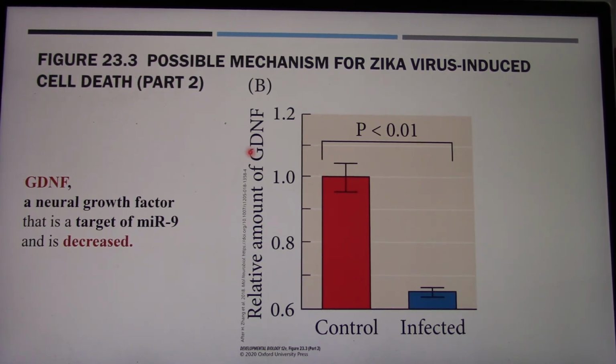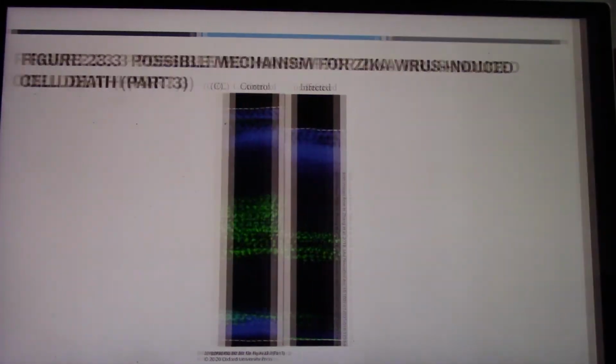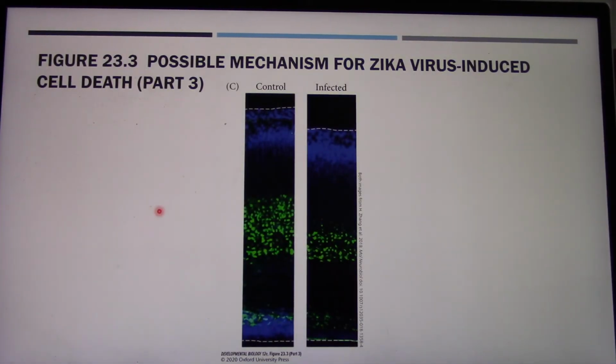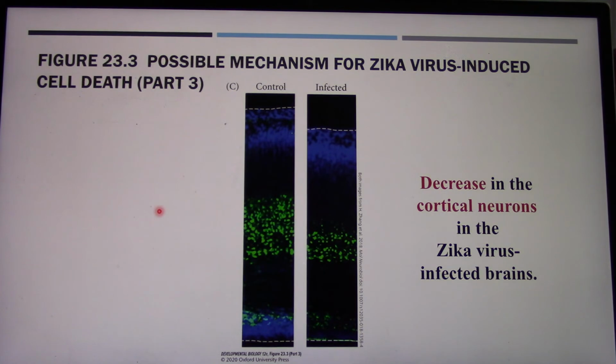We're decreasing the ability of the fetal brain to grow. And as a result, we decrease the number of cortical neurons in that baby's brain. Normally, shown over here in this left panel, the control, we've got cells that are labeled blue.